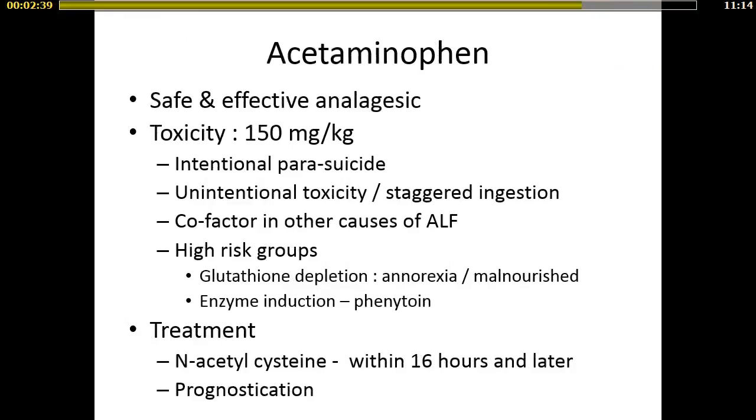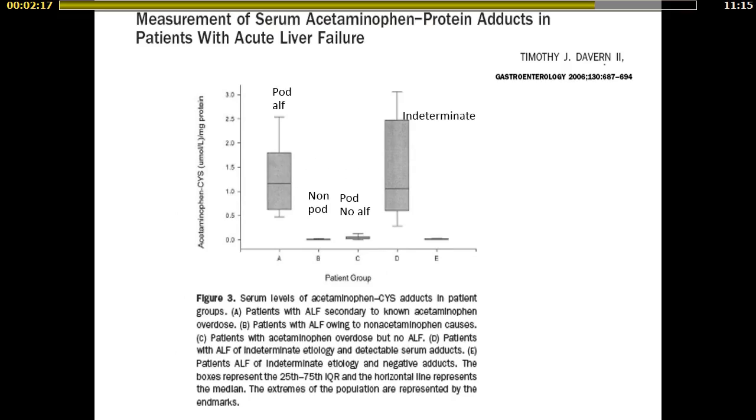Must consider it. Acetaminophen is my favourite disease because the English seem to have a particular predisposition to taking it. Toxicity at 150 mg per kg, often unintentional. It's just a cry for help. The high-risk groups, the anorexics, and those on enzyme inducers such as phenytoin. And clearly treatment is well provided in terms of N-acetylcysteine.